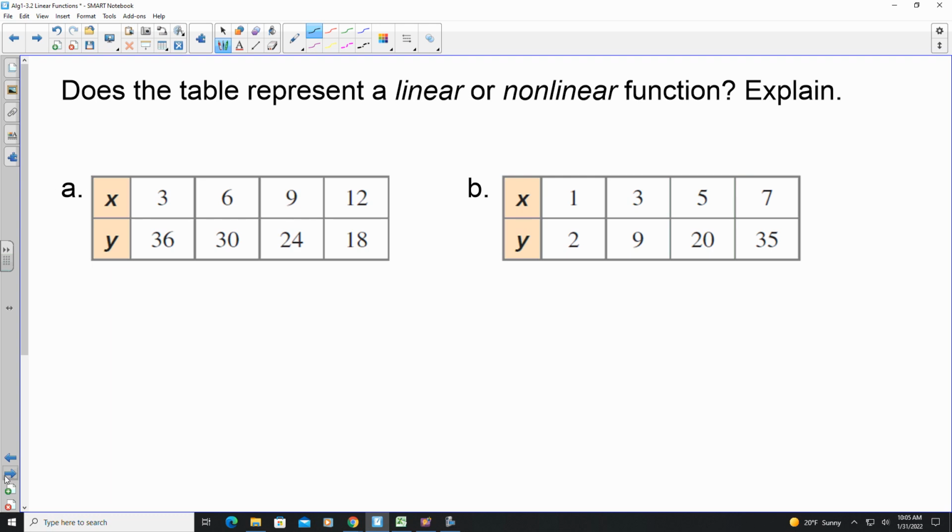Here, they're asking us to represent a table, and they want you to know from these sets of ordered pairs, is our function going to be linear or non-linear?